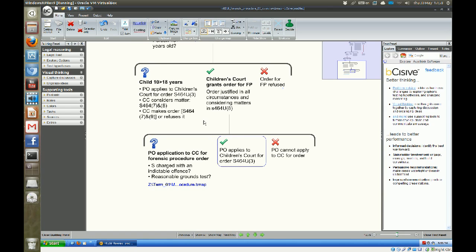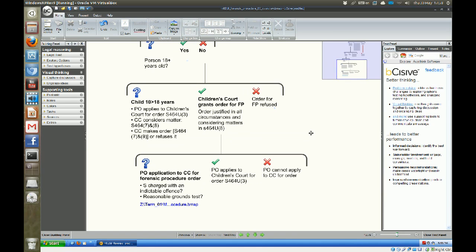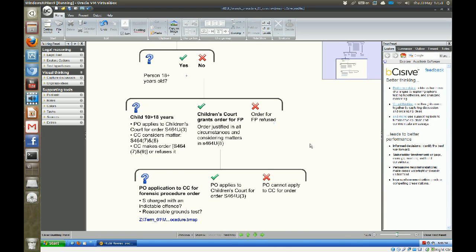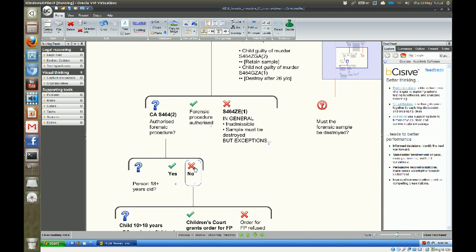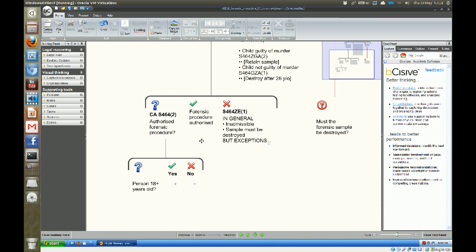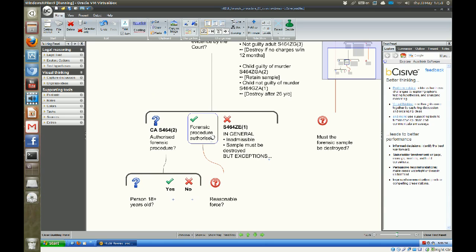And if the court goes ahead with it, then we've got a forensic sample, and if the court doesn't agree with the request from the police, then the police order application will be denied. Okay, so that's pretty much what happens as far as getting authorization for the forensic procedure, and the guidelines for taking the forensic sample are concerned.